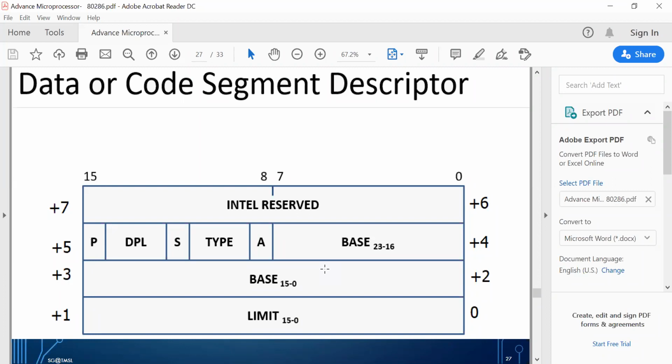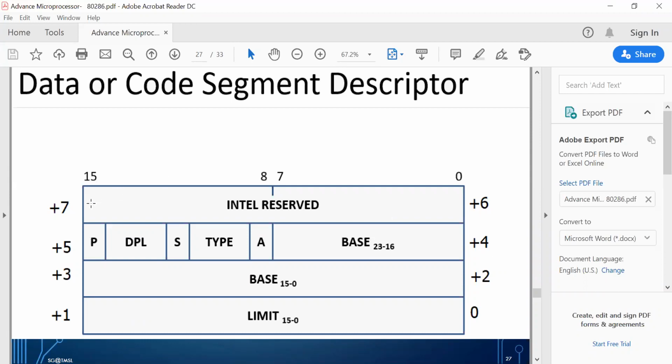The upper portion has been reserved by Intel for future purposes, for compatibility with future processors, and then the middle portion. So it is an 8 bytes long descriptor: 0, 1, 2, 3, 4, 5, 6, 7.